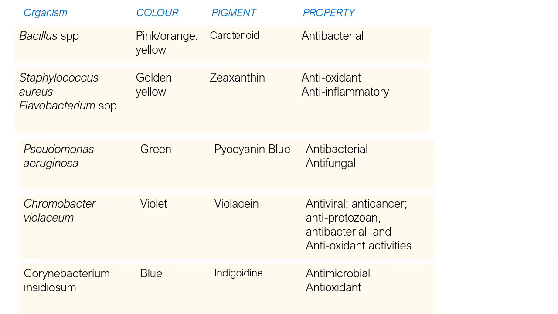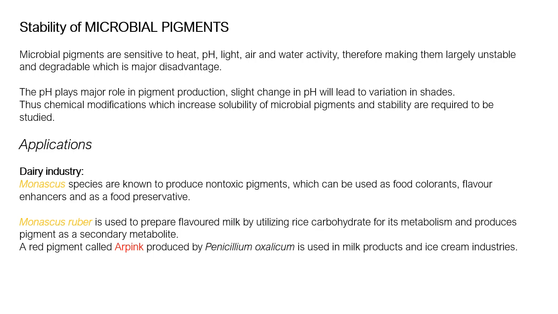Okay, so there are many advantages, and there is this disadvantage, that is the stability of microbial pigments. Microbial pigments are sensitive to heat, pH, light, air and water activity, and therefore largely unstable and degradable, which is the major disadvantage. It is seen that pH plays a major role in pigment production, but a slight change in pH will lead to variation in shades of the color of the pigment.